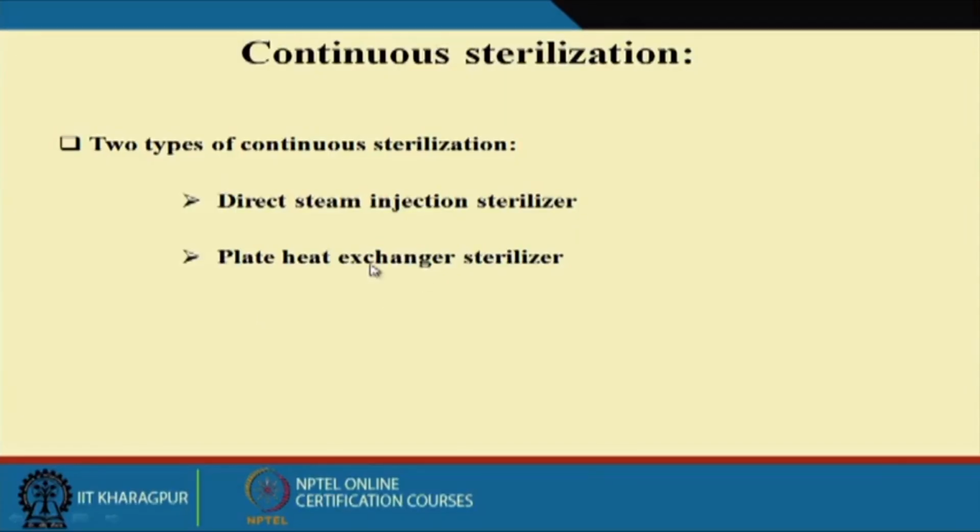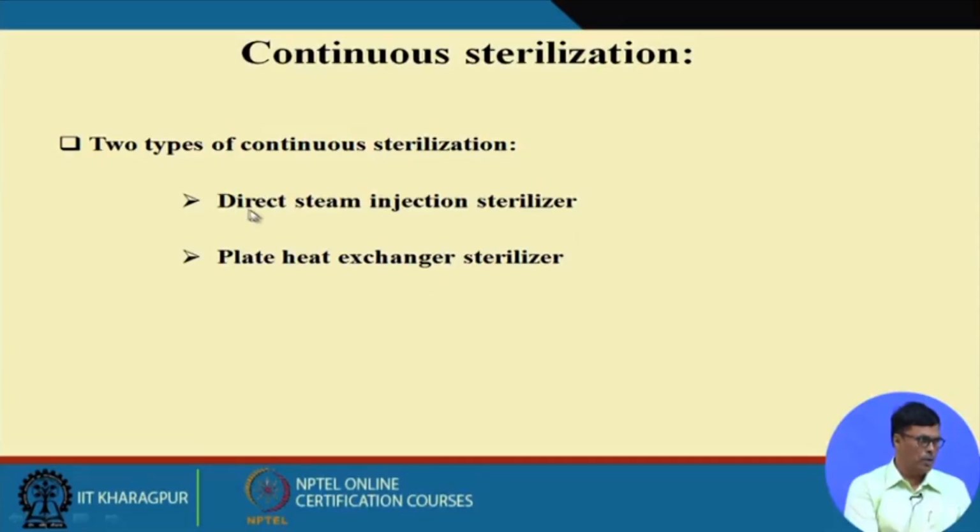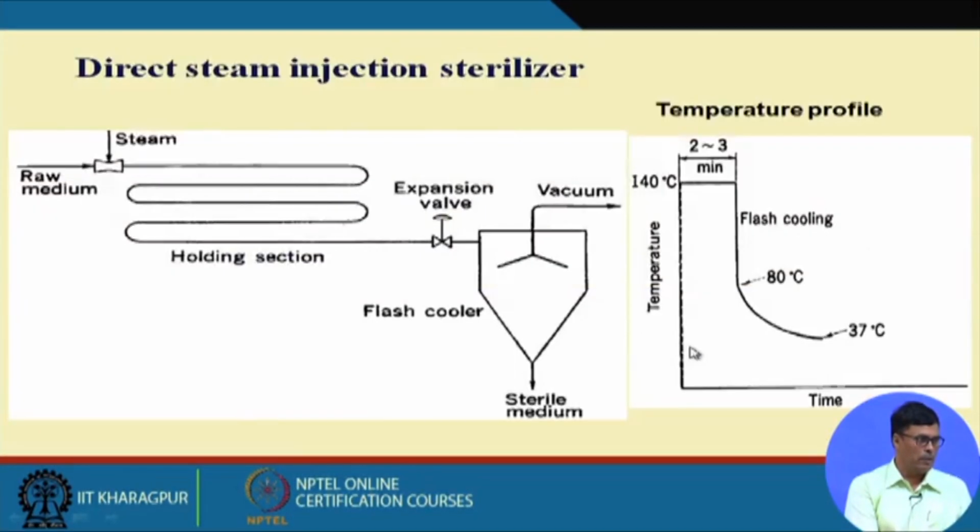Now, in this class I am going to share with you how continuous sterilization is practiced in industry. In continuous sterilization, we have direct steam injection sterilization and plate heat exchanger sterilization. Let me explain this process.